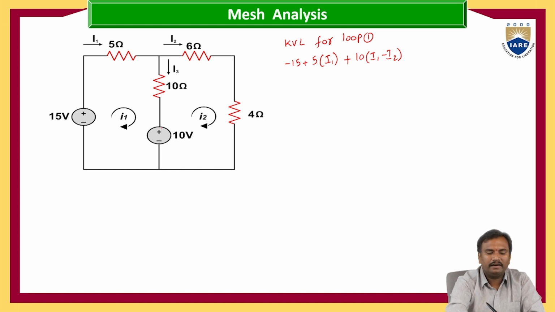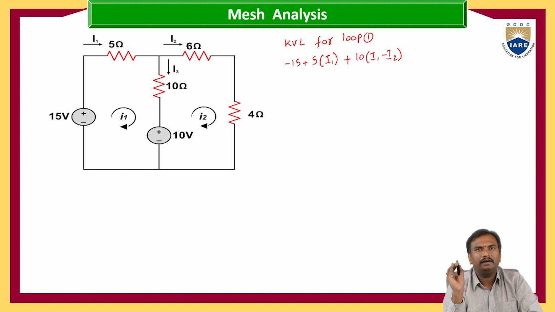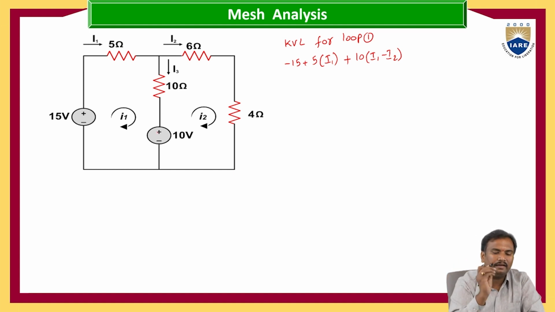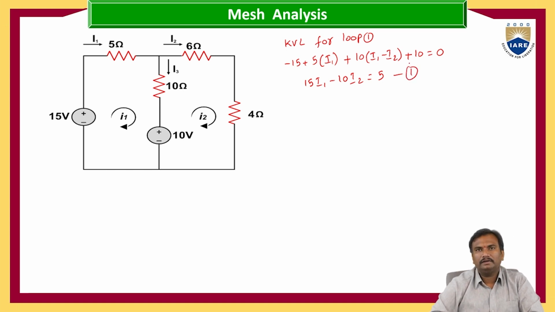When the current enters the positive, positive we have to write. When the current enters the negative, we have to write negative. Here the current is entering the positive value of voltage, plus 10, which is equal to 0. That is 5 plus 10, 15 I1 minus 10 I2 is equal to 5. This is our equation number 1.